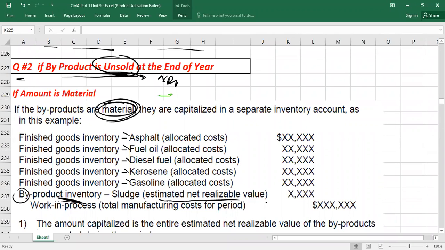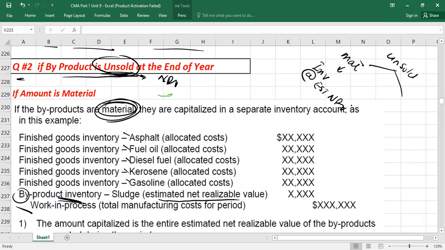You will record it as inventory. Understood? And which account will you credit? Work in process, because all these products we are getting from the work in process account. So you don't need to be confused. Just remember, if it is unsold by the end of the period and the amount is material, you have to record it as inventory at estimated NRV, net realizable value.